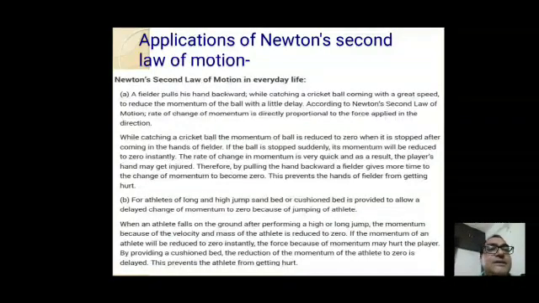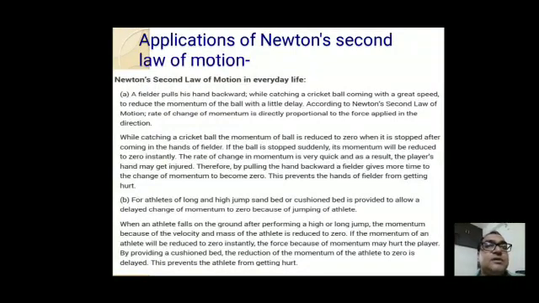If the ball is stopped suddenly, its momentum will be reduced to zero instantly. The rate of change of momentum is very quick, and as a result, the player's hand may get injured, if the cricketer does not take his hand backward. Therefore, by pulling the hand backward, a fielder gives more time for the change of momentum to become zero. This prevents the hands of the fielder from getting hurt.